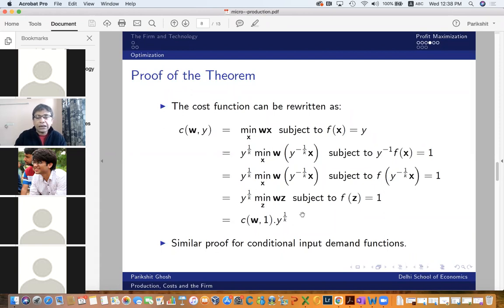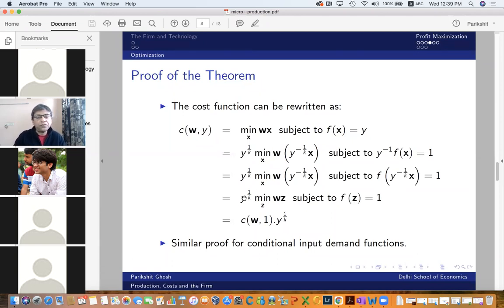Now suppose we redefine the vector: instead of x, let's call it z. What is z? z is just the vector x multiplied by this scalar. So here we have minimize wz, and inside the production function we have the same thing sitting, so we'll just call it z. Then we get to the fourth line.